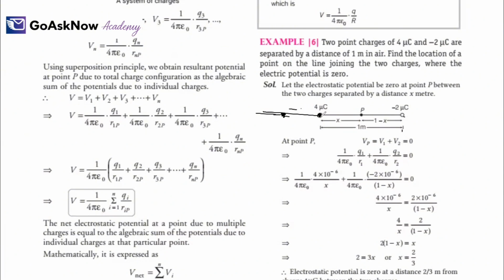But the distance is varying here. Okay, the distance will be varying, and we have to just find the point where the net electrostatic potential is 0. Okay. So if you choose the point P here, and this is x, then this will be equal to what? 1 plus x.